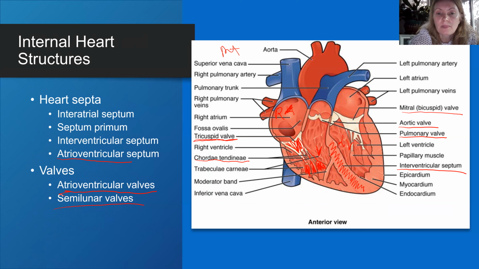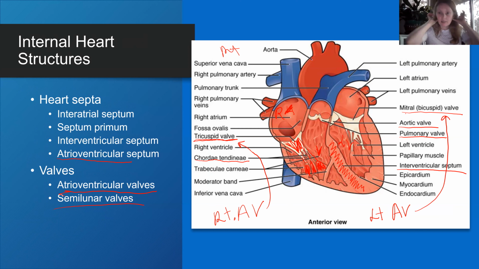So we call them AV valves. The right AV valve is our tricuspid, and the left AV valve is our bicuspid or mitral. And bicuspid and tricuspid mean they're just made of 3 or 2 cusps.